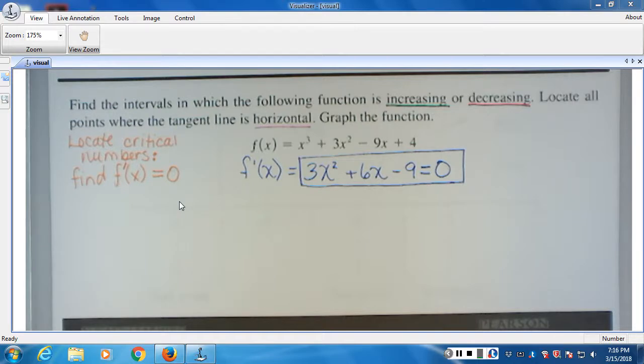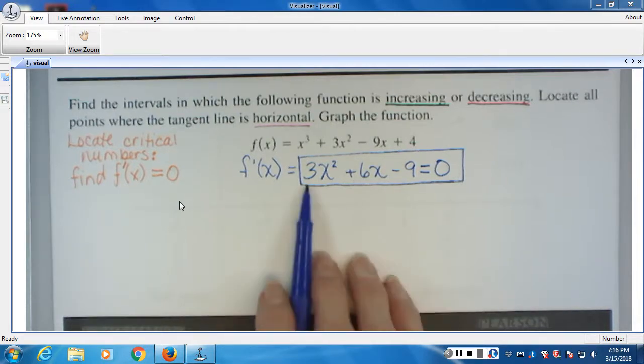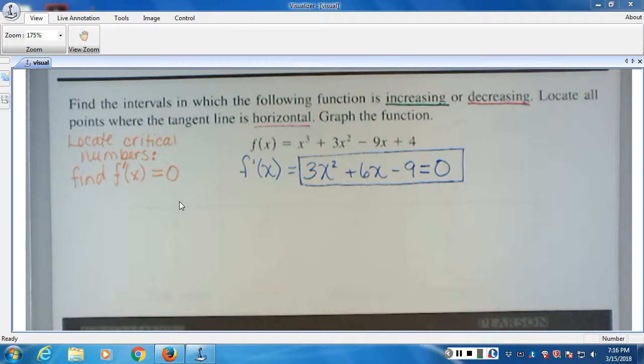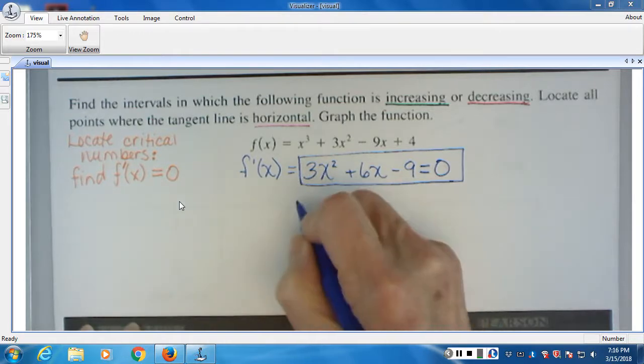The other way is to use the quadratic formula. Now, you can do it either way. I don't care which way you do it, because I look at this and I see that this is 3 and this is 6 and this is 9. My mind says I can divide all those numbers by 3. So that's the first thing I'm going to do.